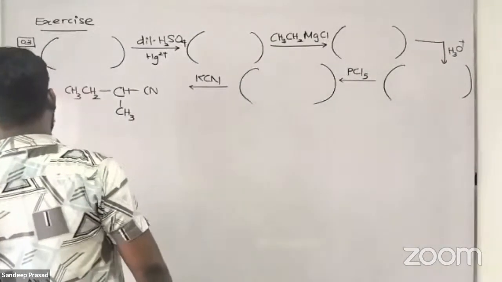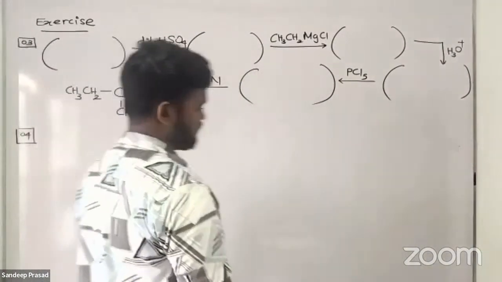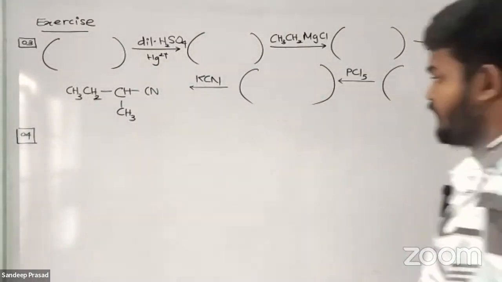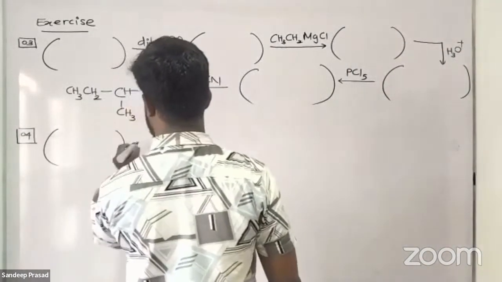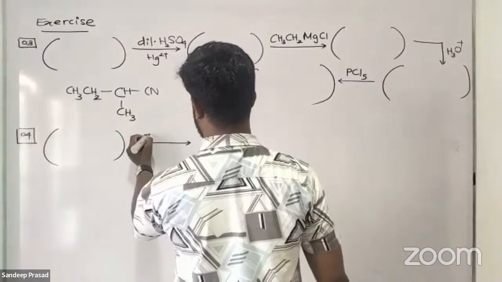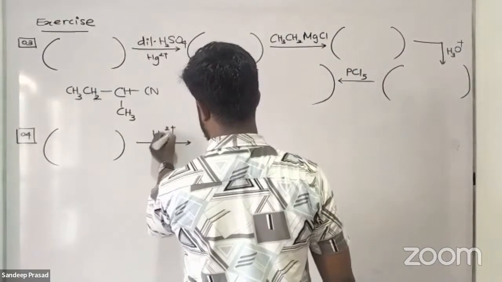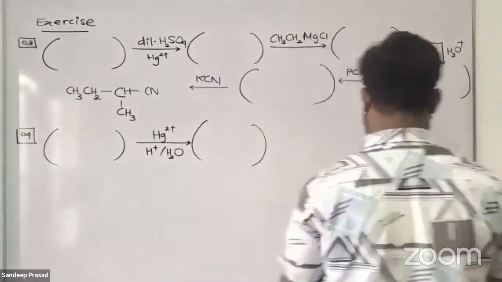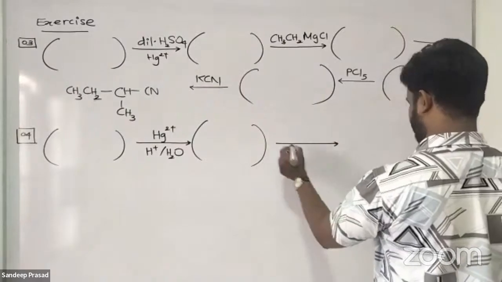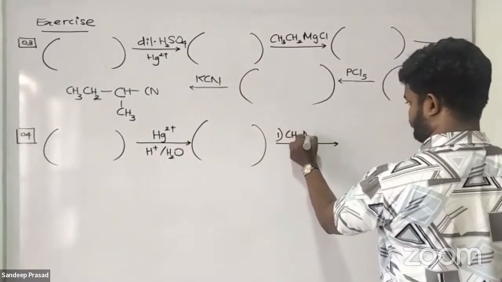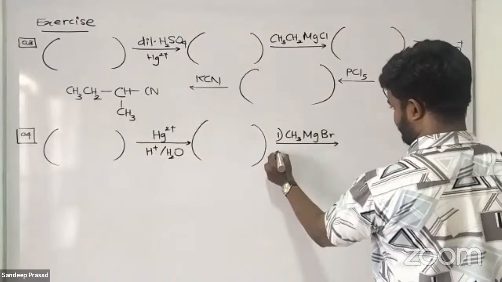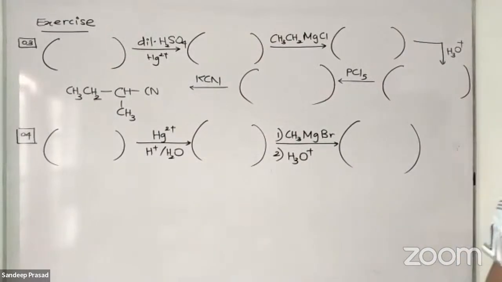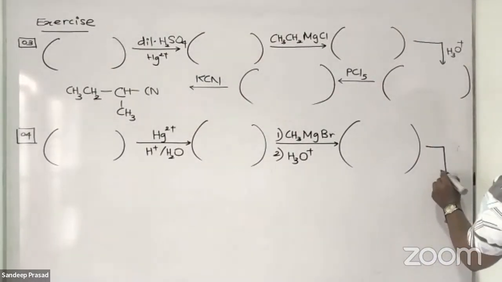And the fourth one, yeah, that is also reverse. First of all, we are adding mercuric cation, H+/H2O. Then Grignard reagent is added in the presence of H3O+, number 1 and number 2. Then PCl3 is added.